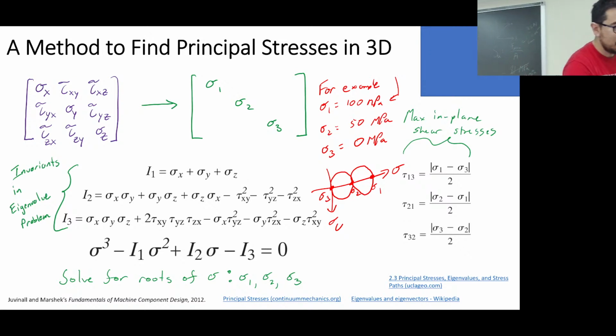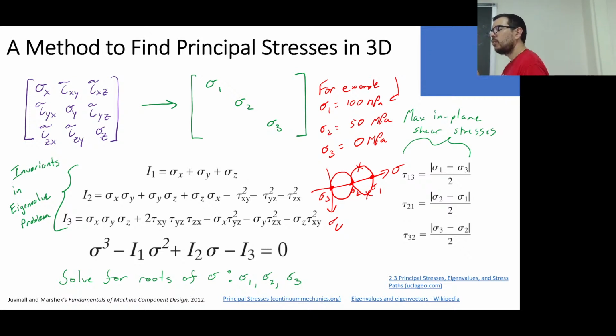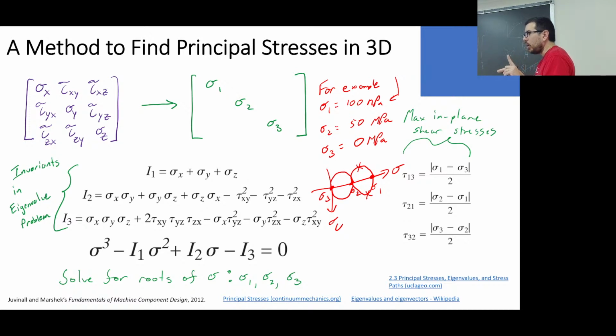Because I would start off like this, sigma 1, sigma 2, sigma 3, and then I'd say, oh, but if I take those two stresses, I can rotate 45 degrees and find the maximum shear stress in that plane. So if I had the 1-2 plane, where x prime is 1 and y prime is 2, and then I rotate about sigma 3 by 45 degrees, then I would find these maximum shear stresses.